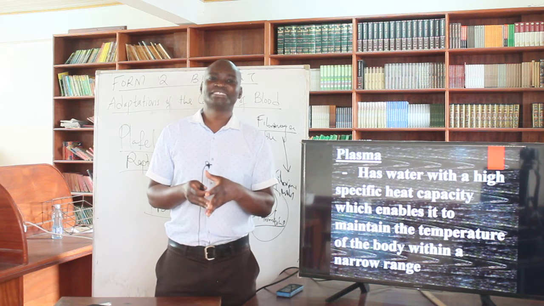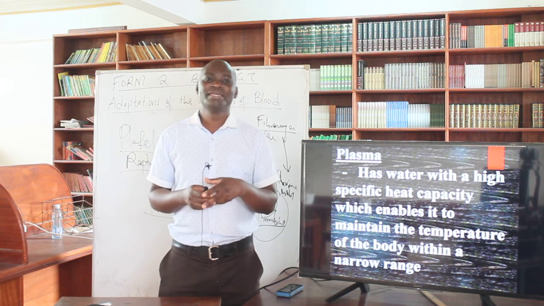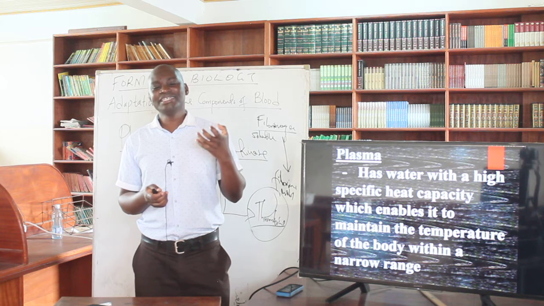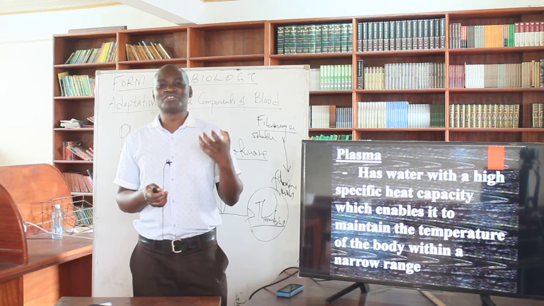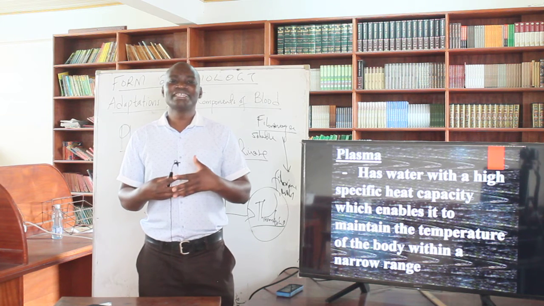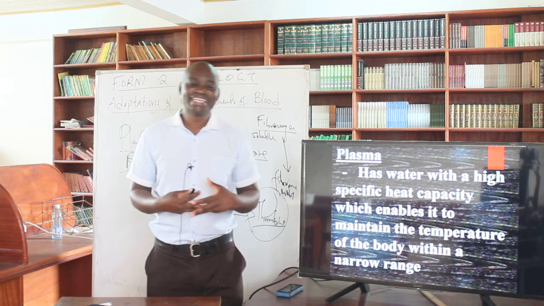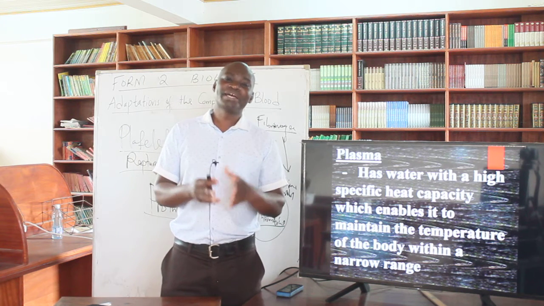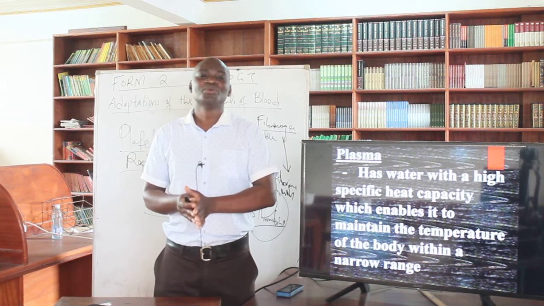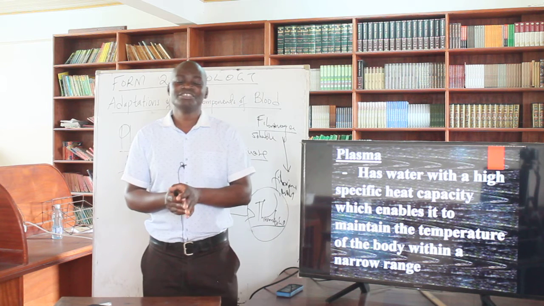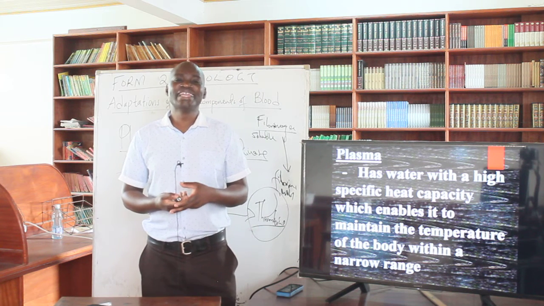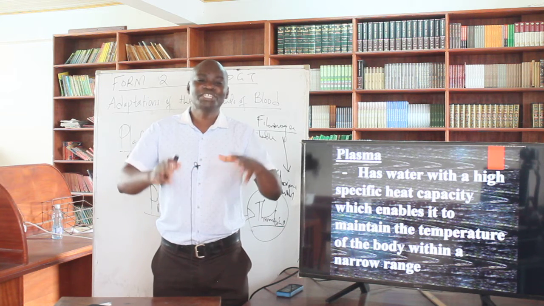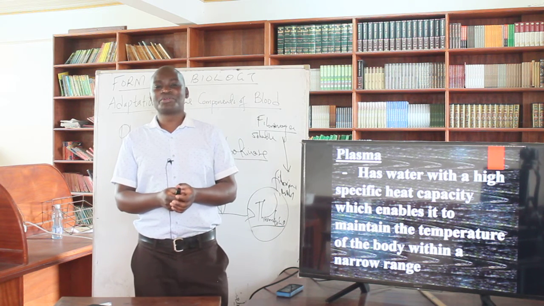And remember, the specific heat capacity of water is high. So the high specific heat capacity of water enables the plasma to maintain the temperature of the body within a narrow range.